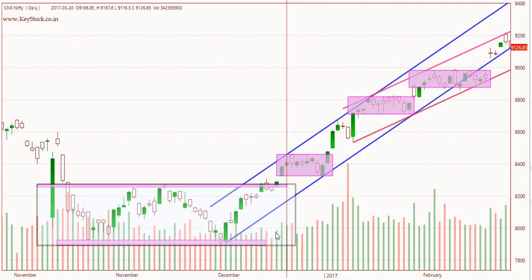Now let's move on to the volume spread analysis. As you can see here in this rectangle, we had a double bottom, and almost for 2 months from mid-November to mid-January, there was a good consolidation.